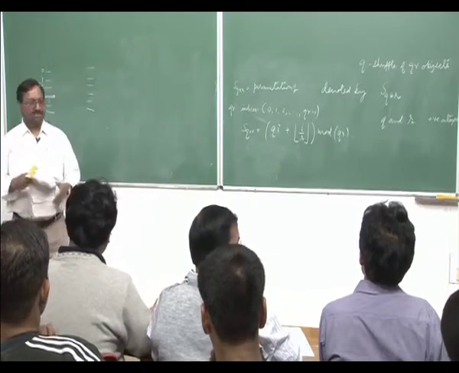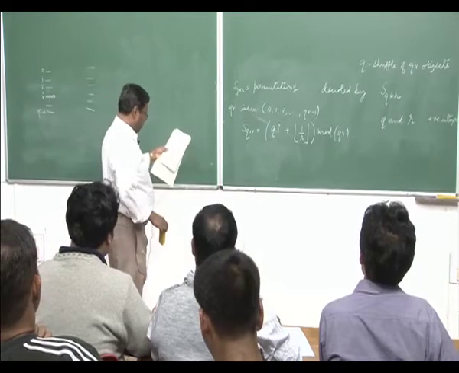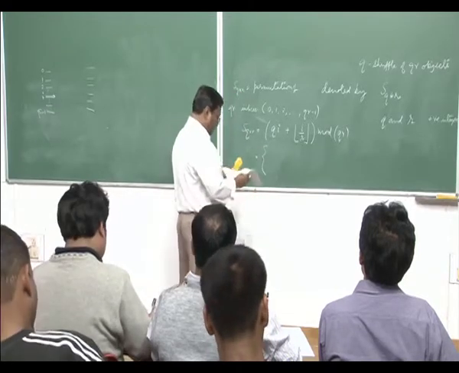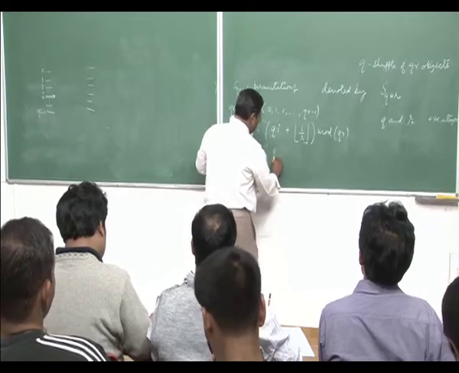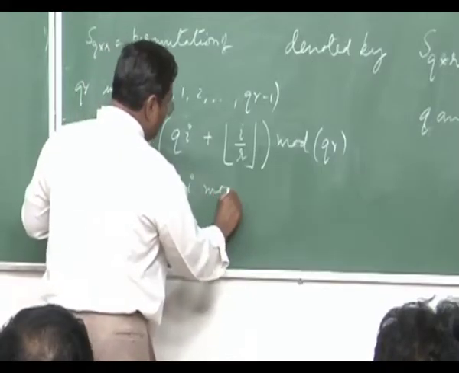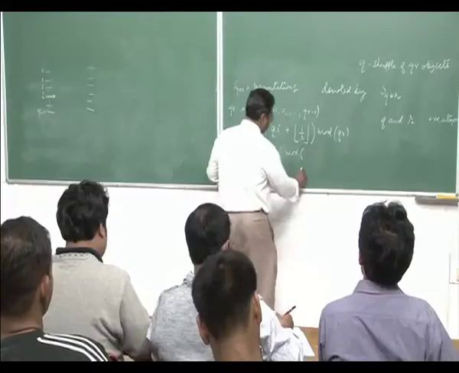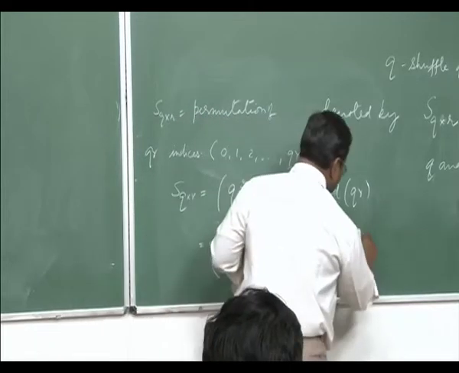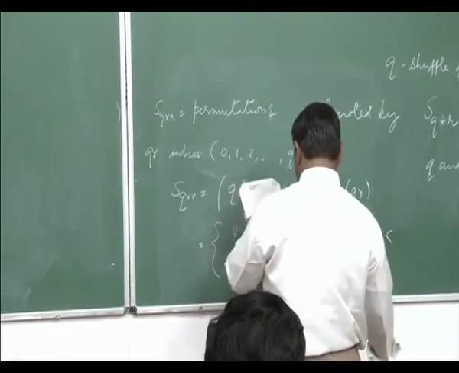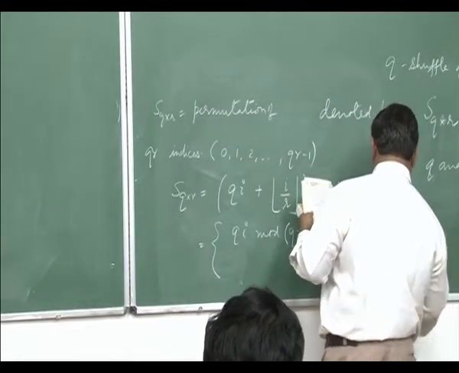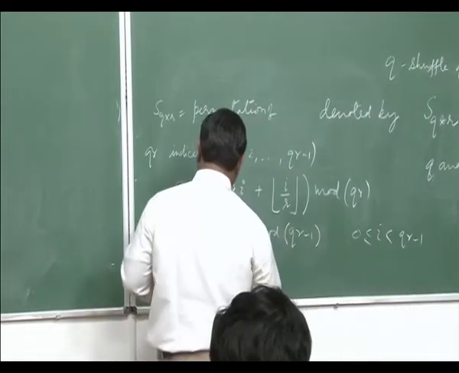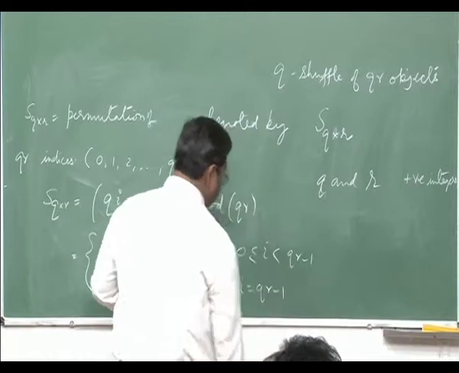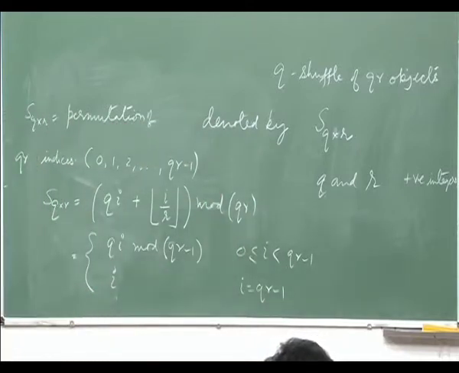There are two expressions which can be used, one of them is this, and of course the equivalent expression which also can be used is this. See, these both are equivalent expressions.